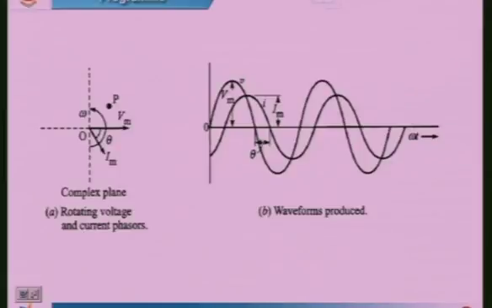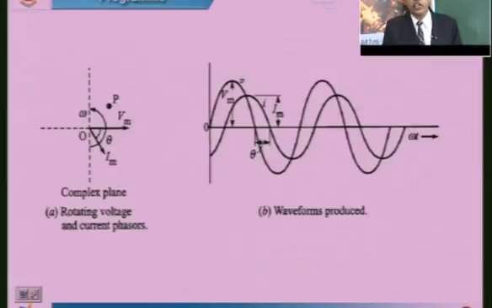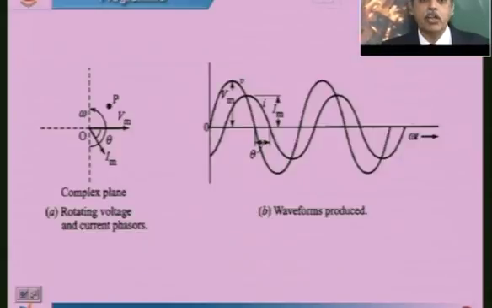One is a sinusoidal waveform, the current is also sinusoidal, but because of the angular difference between the voltage and the current, the waveforms will not start at 0, okay. The voltage will be starting at 0 because the initial position of the voltage is along the reference axis. Compared to the initial position of the voltage, which is on the reference axis, the current is lagging behind by an angle of theta.